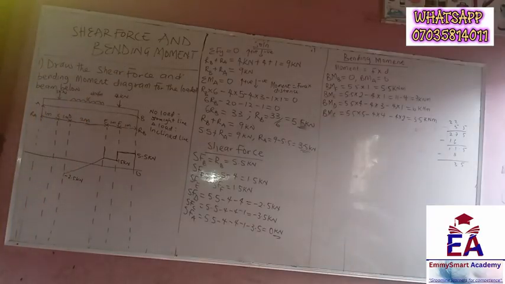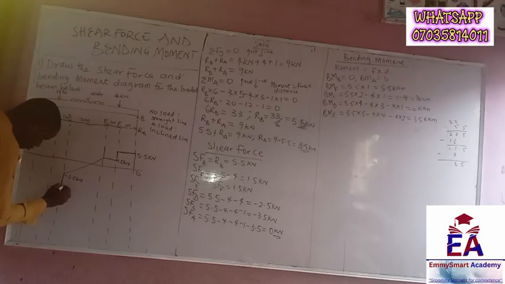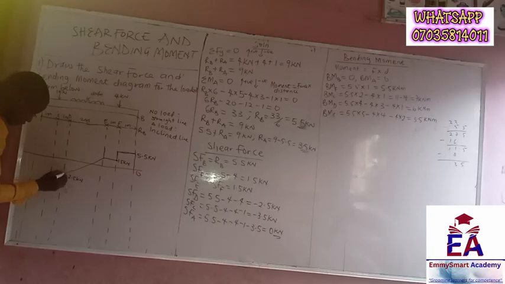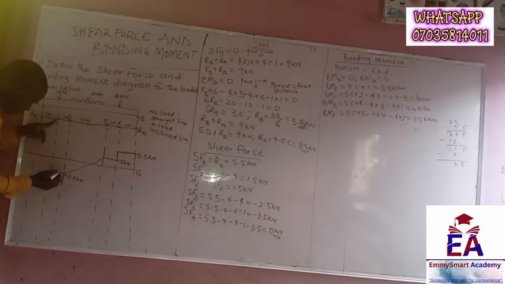So you move down to minus 3.5. So at this point you have minus 2.5 kilonewton, right? So that's at point D, right? So it maintained the same to point C.